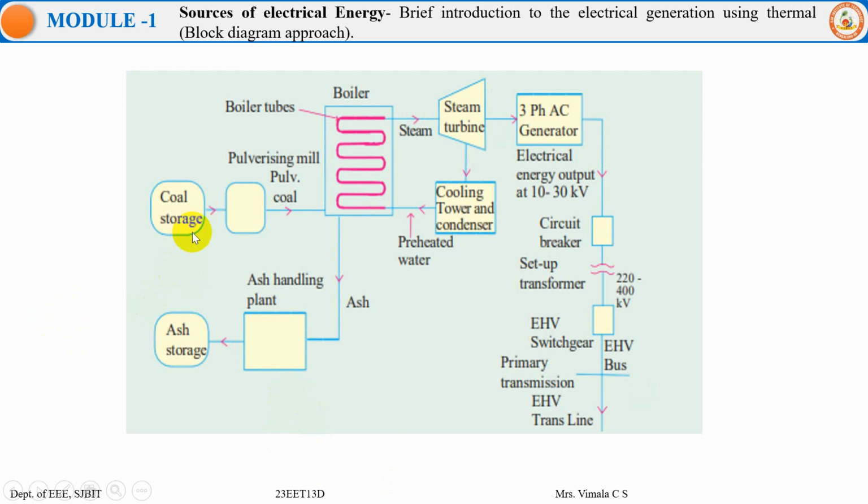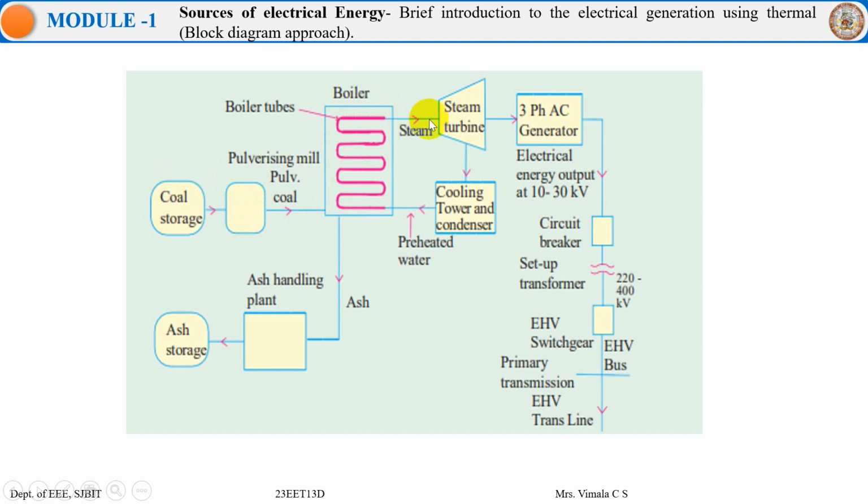So we have a coal storage here. Coal storage is then used to a pulverizing mill, where we burn the coal, and that heat is given to the boiler, where we have boiler tubes, and the water boiled here will produce steam.